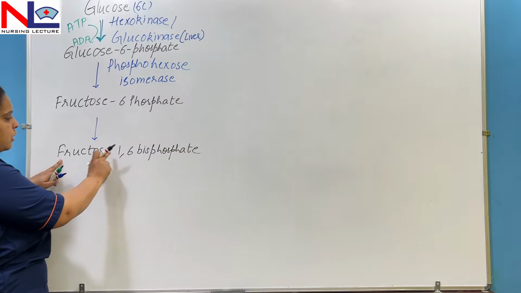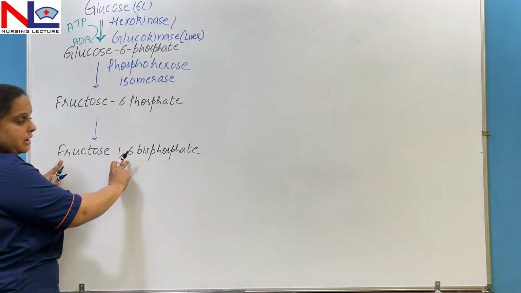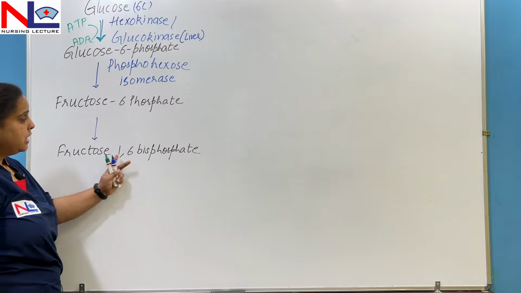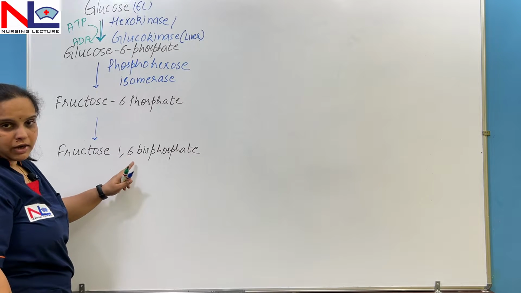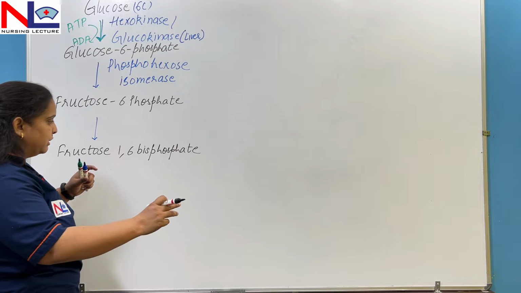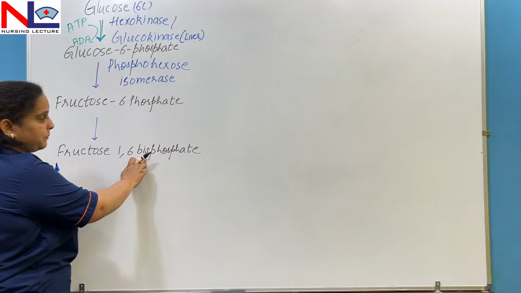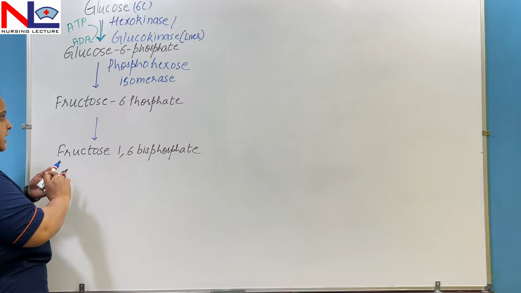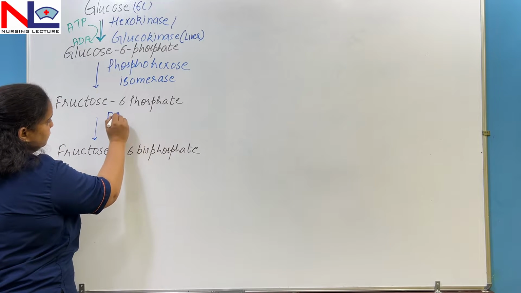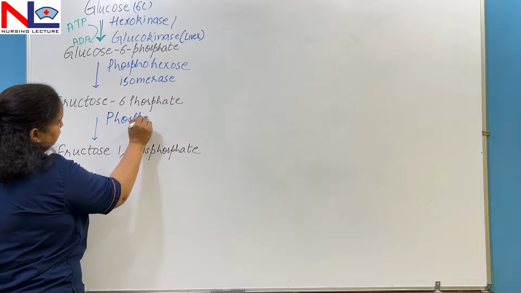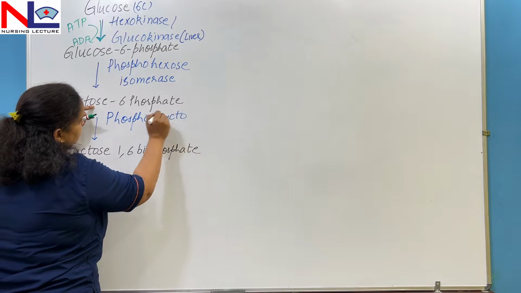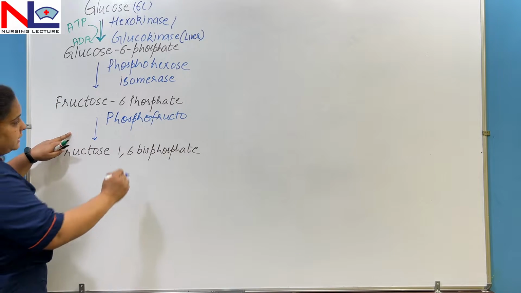Thereby it is called fructose 1,6-bisphosphate. The phosphate groups are 2, with 1 on carbon 6 and 1 on carbon 1, so there is a gap between these 2 carbons, and thereby it is called bis. This reaction is catalyzed by the enzyme phosphofructokinase.